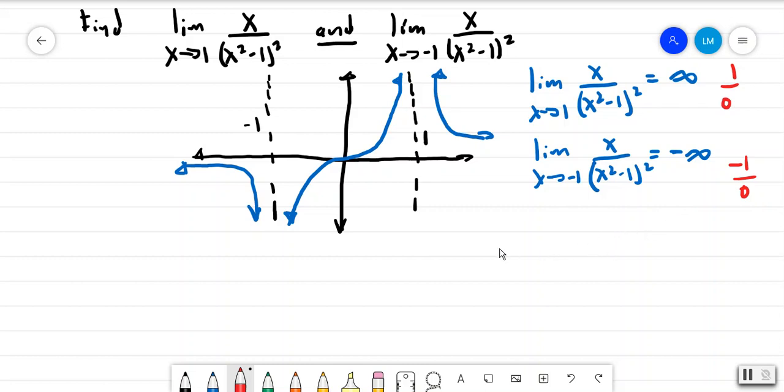And again, you could have used table values if you wanted to. For this one, you'd have to use two sets basically.